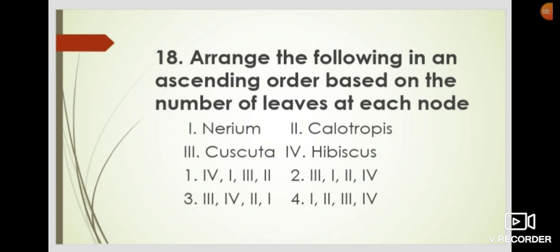That is Cuscuta, hibiscus, Calotropis and Nerium. Arrange the following in an ascending order based on the number of leaves at each node. That is third one. Cuscuta, hibiscus, Calotropis and Nerium.